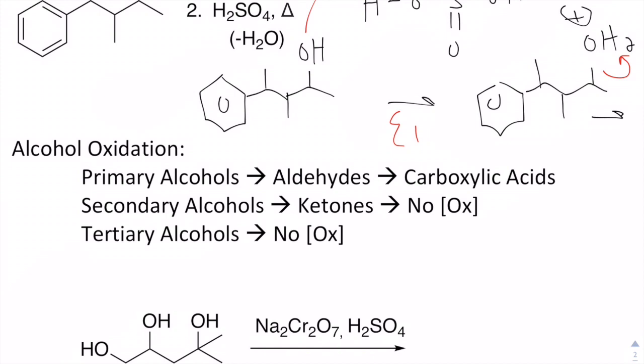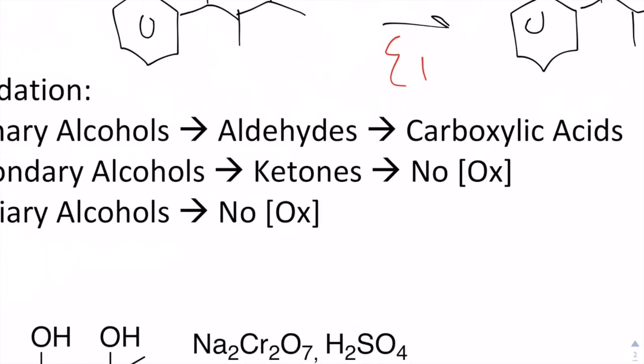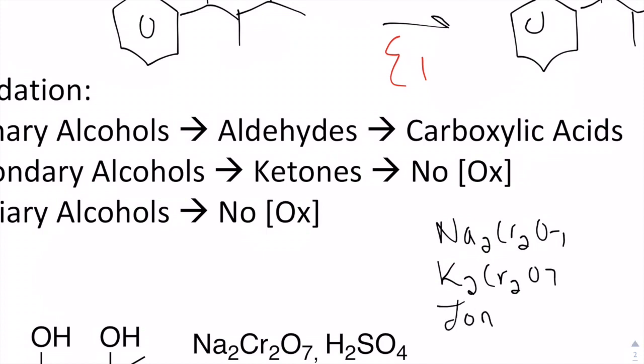Okay, so we can manipulate where we're going to stop, either to the aldehyde or carboxylic acid for primary alcohols, depending on the strength of our oxidizing agent. Okay, so there are three types of oxidizing agents we're going to talk about, and the metal chromates, or sodium dichromate, which we see below, Na2Cr2O7, sometimes we see the potassium dichromate, and sometimes we see something called Jones's reagent.